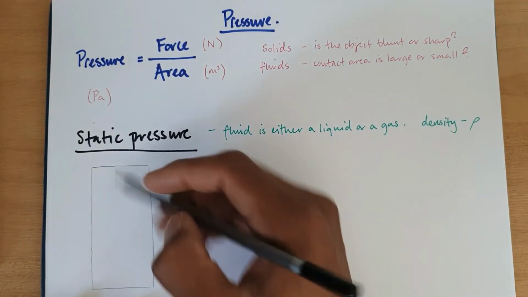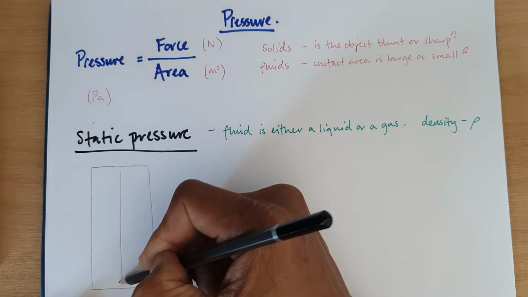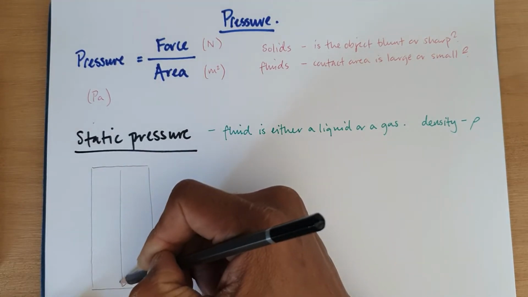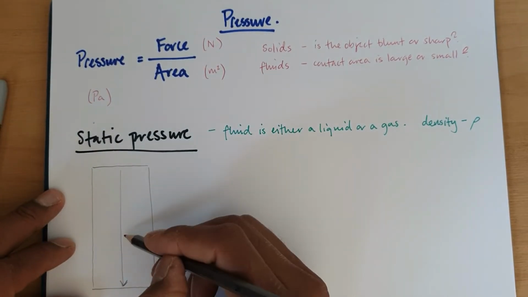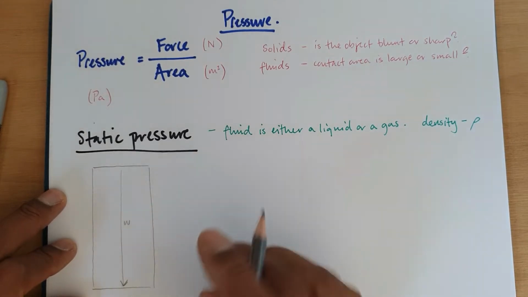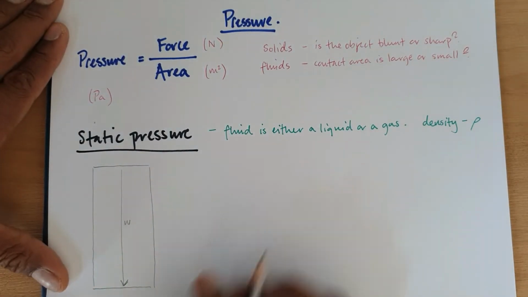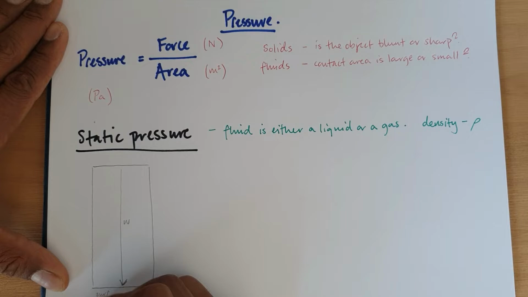So this is filled with a liquid, and the liquid has a weight, and therefore it exerts a force downwards, which is the weight of the liquid. The surface area at the bottom here, we're going to call A.